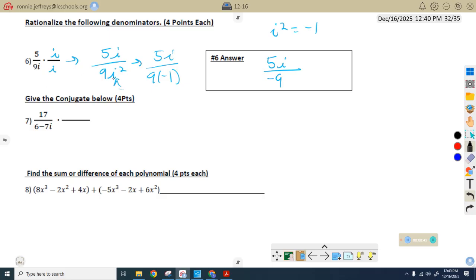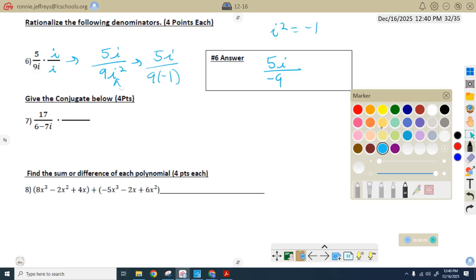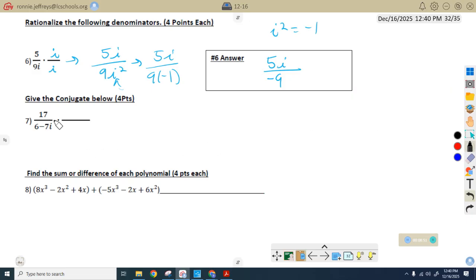This is going to give you an i squared. You multiply whatever number that is by negative 1. On number 7, all you have to do are these two same terms, but the opposite sign right here. That's it. You don't have to multiply anything.